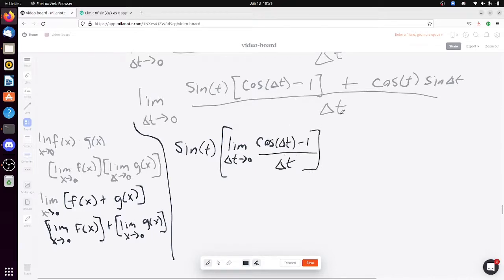So that's that. And then I'm going to do the same thing on the other side: cosine of t times the limit as delta t approaches 0 of sine delta t over delta t.